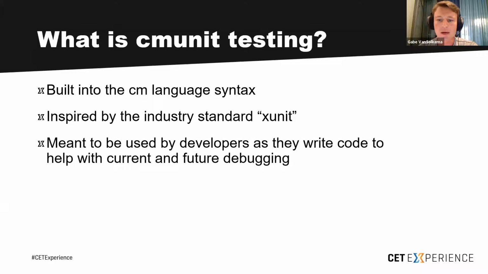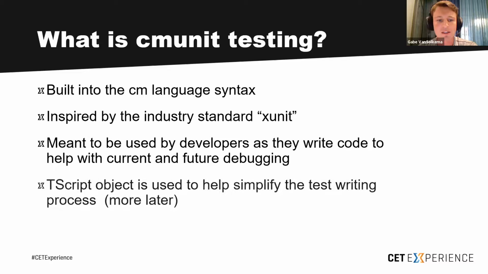So it's meant to be used by developers as they write code to help with current and future debugging. And then we'll get into this a little bit later, but there's a T-script object that you're going to use while you're writing your unit tests. And it's super, super helpful. And it'll help you write all your tests, and it'll simplify that process a lot.